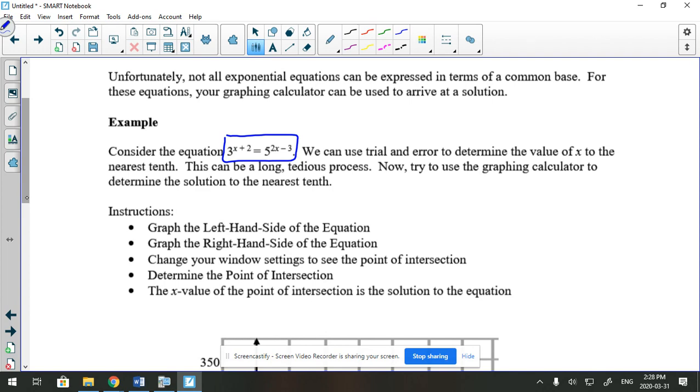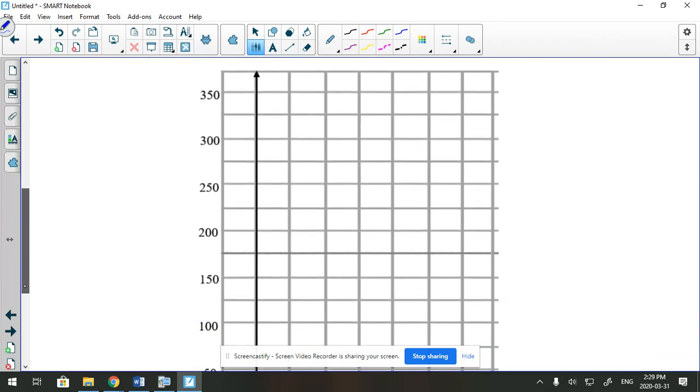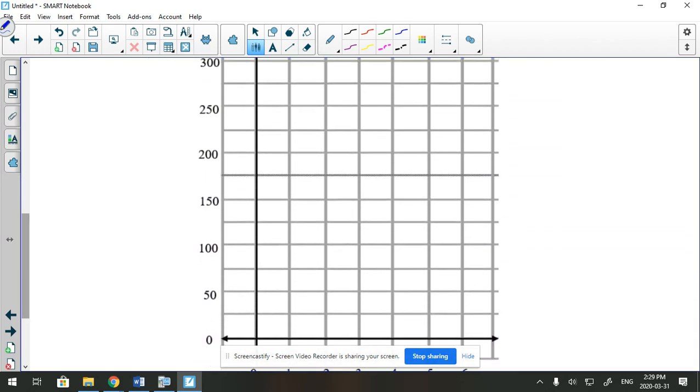So what we're going to do is graph the left-hand side of the equation. In our calculator, under y1, I'll show you that in a minute, we're going to type in 3 to the x plus 2, and we're going to graph it.